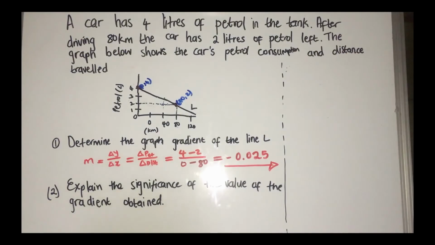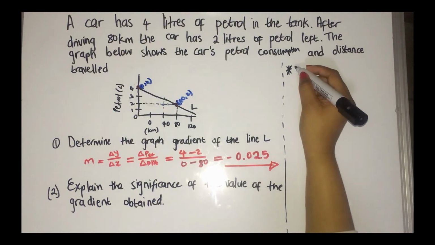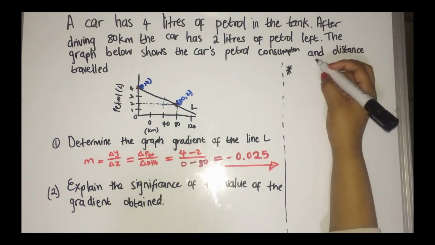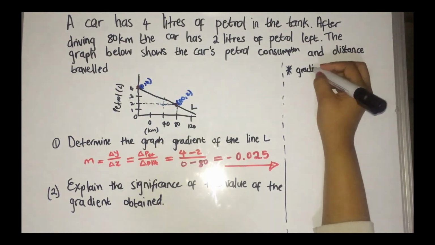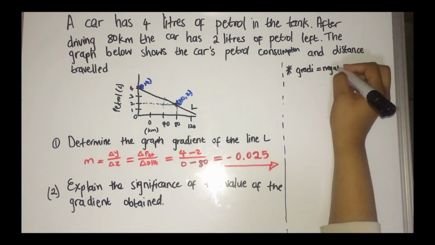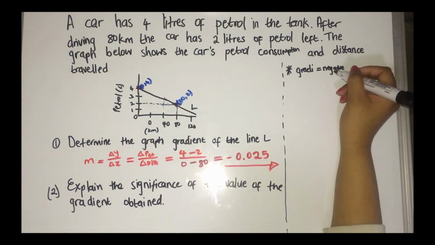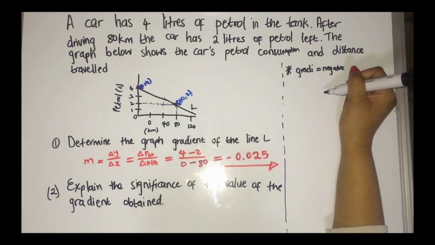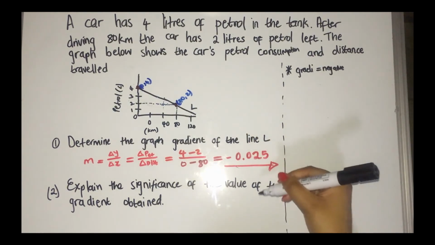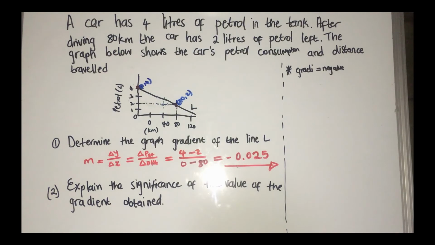0.025. Our second question says explain the significance of the value of the gradient obtained. Okay, the first thing we should mention in our explanation is that our gradient is negative, which means that the car burns 0.025 liters of petrol for every kilometer traveled.